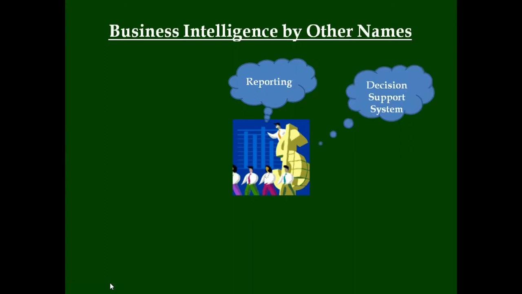Another is decision support system. DSS is a part, or a type, of information system, and we generate some information by using the decision support system, and it will help us to make some decisions after creating a report.